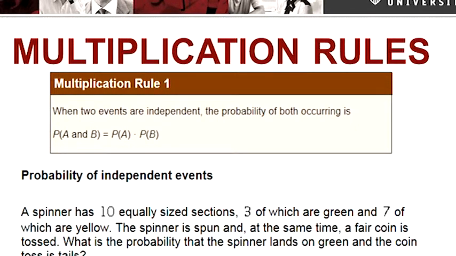So I'm going to type that here so it stays: probability of A or B is addition. Probability of A and B equals multiplication.